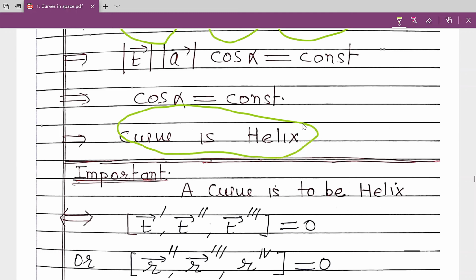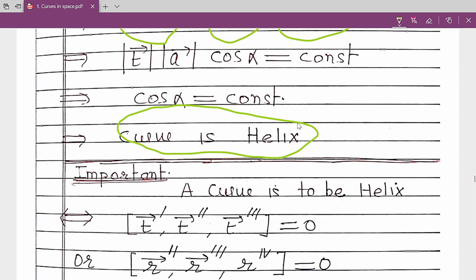So this is a very important result. If the curve is a helix, then the ratio kappa by tau is constant. If kappa by tau is constant, then the curve is a helix. So in order to check whether a curve is a helix in the questions and applications, just find kappa and tau, then check whether the ratio is constant.